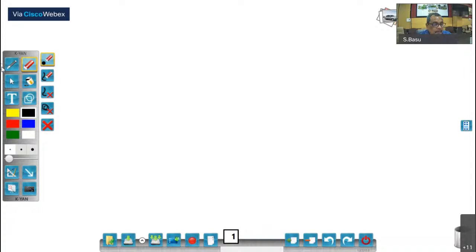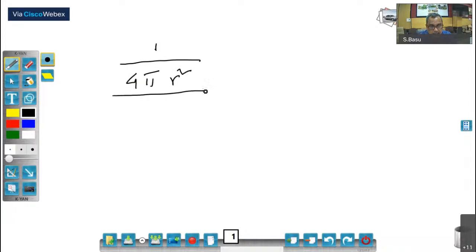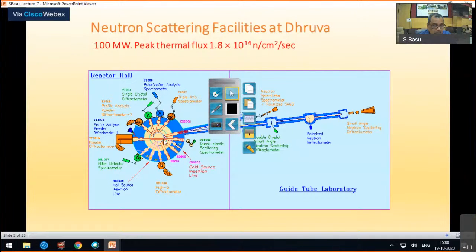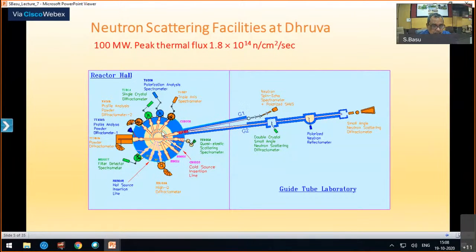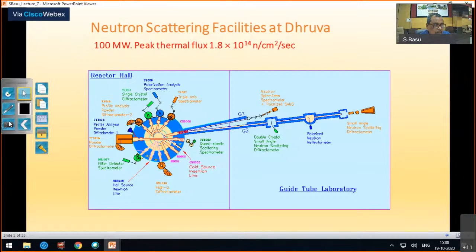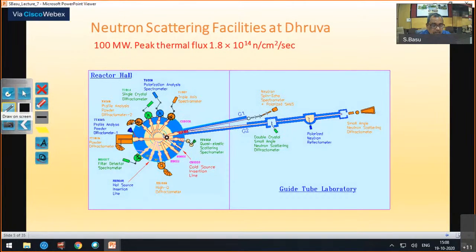So a neutron source intensity will generally fall, which is familiar to us, as 4 pi r square. That means it follows like a point source, and that means the reactor core, which I showed you, this core is around 3 meter in diameter, and here these beam lines, this distance is almost 5 meters.